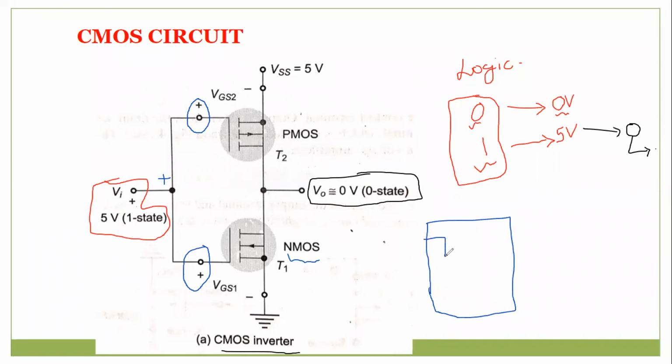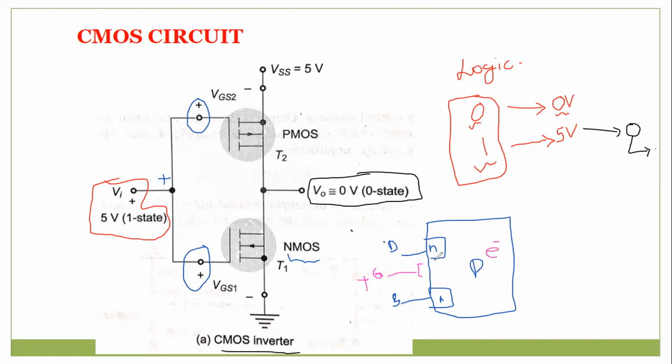We have N material and a P substrate. There is no channel initially. This N material is connected with the drain, and this N material is connected with the source terminal. There is no existence of channel. The gate terminal here is insulated. If I connect positive supply, what happens? This positive supply attracts the electrons from the P material.